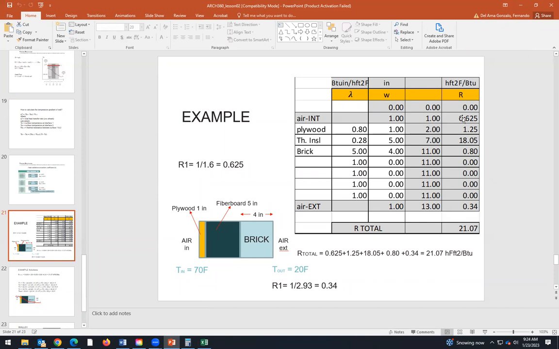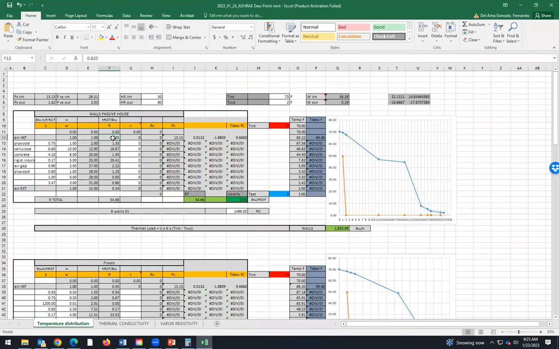So this is going to be 0.625. This is going to be 0.34. So this is the first one, we don't have to change it. We only have to change the white cells. The gray ones we don't have to change, because they are calculated automatically.